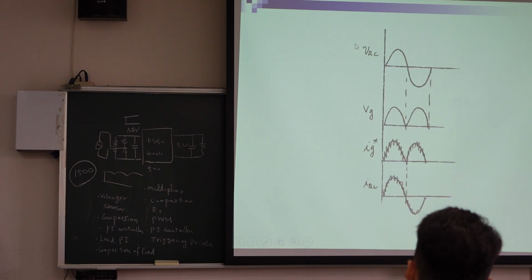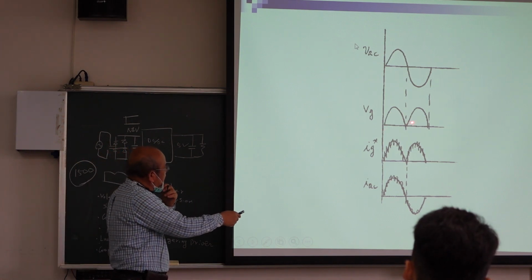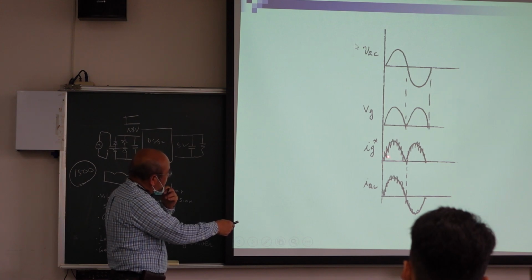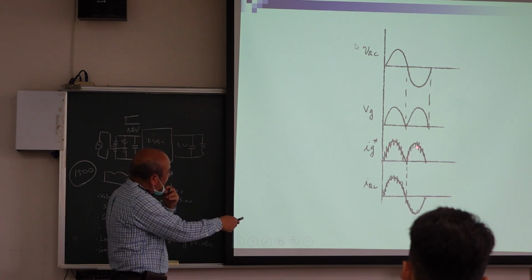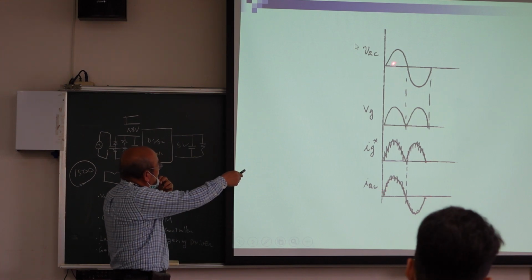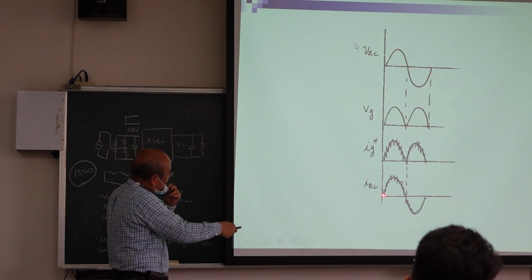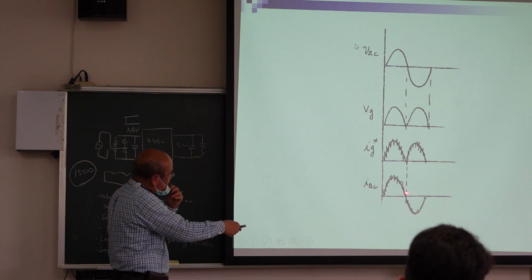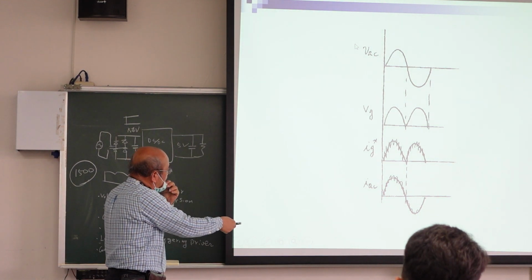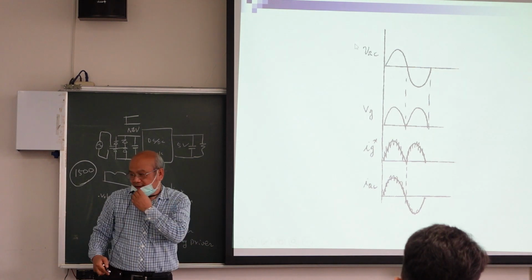So this is a good idea. We have AC voltage, we have VG, then we create IG star, then we use a current regulator to follow the IG star, then we go back to the AC side. We have pure sinusoidal AC voltage and very close to pure sinusoidal AC current. And the phase difference is 0. So it is a perfect idea.